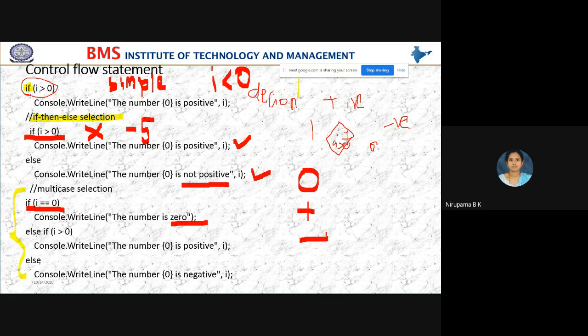So in this part we are checking three conditions, students. Here only one condition, here positive and negative both. If I is equal to 0, then the number is 0. If I is greater than 0, then the number is positive. If I is less than 0, then the number is negative.